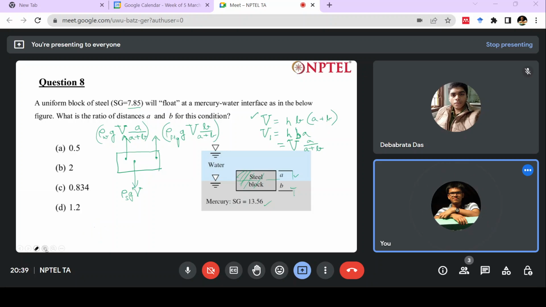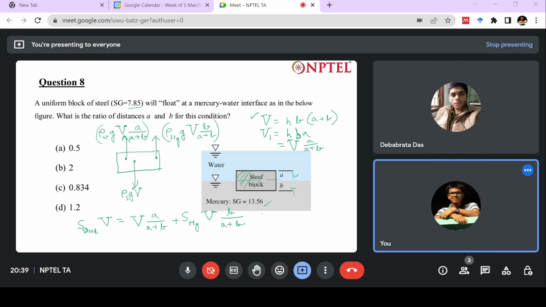And if I divide by rho water, this will be basically S of steel, specific gravity of steel, into V, equal to V into A by A plus B plus S of mercury into V into B by A plus B.